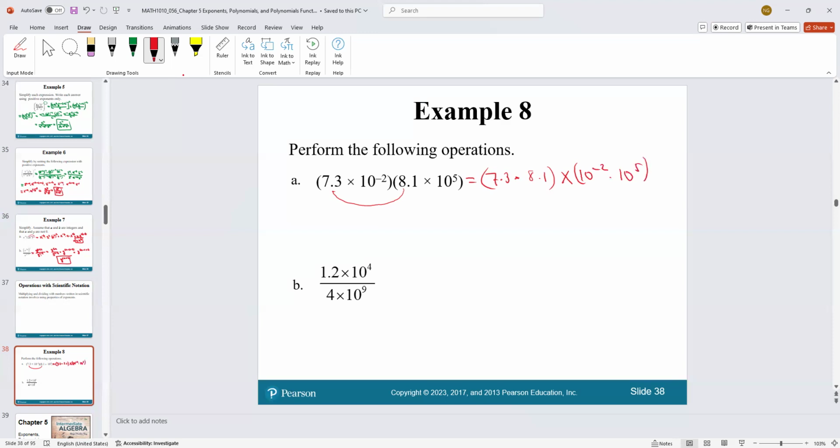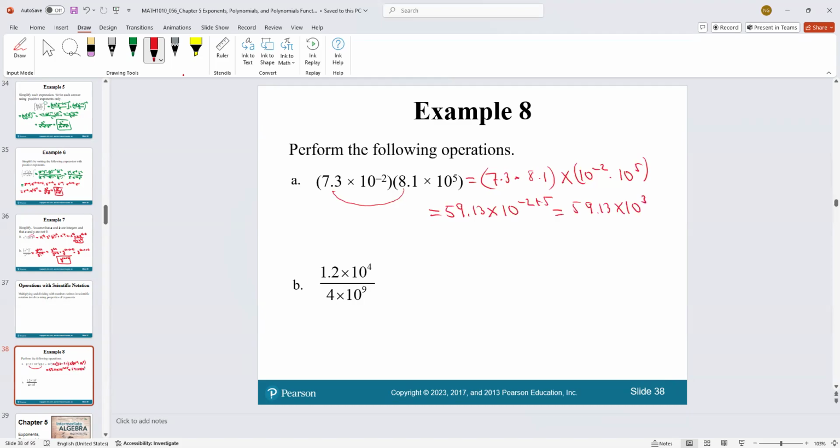If you use a calculator, let me see if I can find a calculator very quickly, 7.3 times 8.1 gives me 59.13. But for the exponent, remember it's going to be negative 2 plus 5, which gives you 59.13 times 10 power 3.